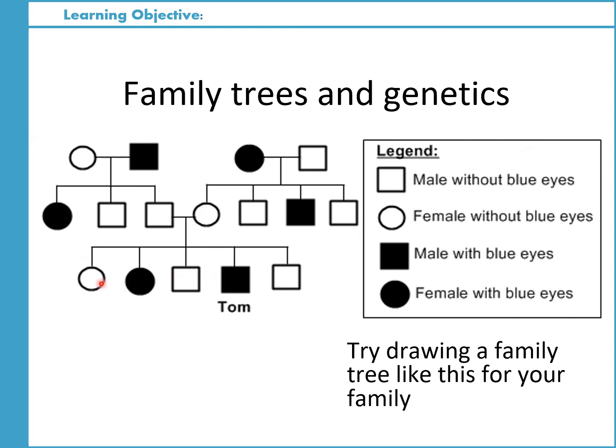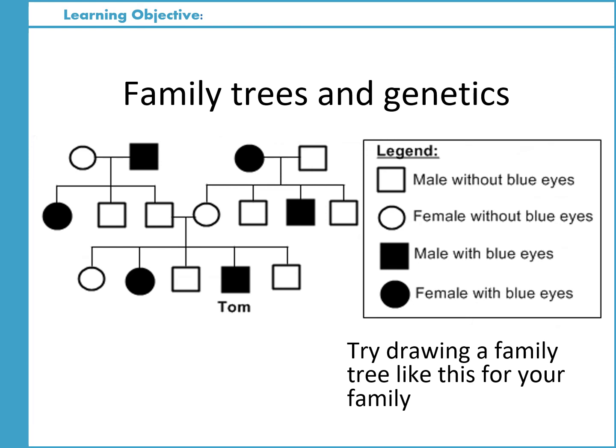Now the other 3 remaining children may or may not have a blue-eyed recessive gene. There is no reason to say that they have or they haven't. We don't know unless we test them or unless they go on to produce a 3rd generation, and we can find out from that.